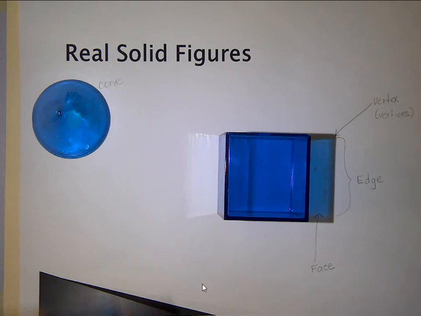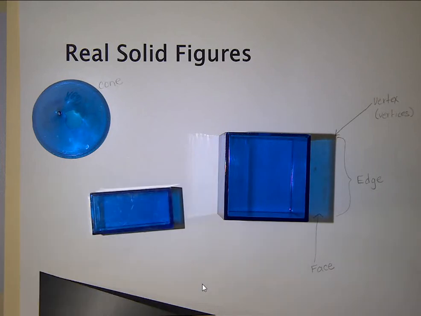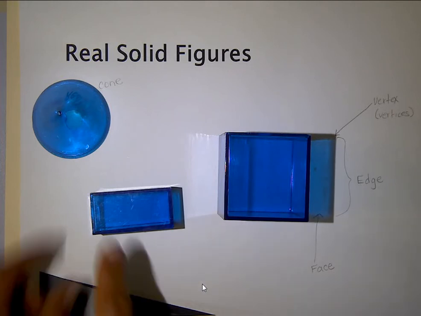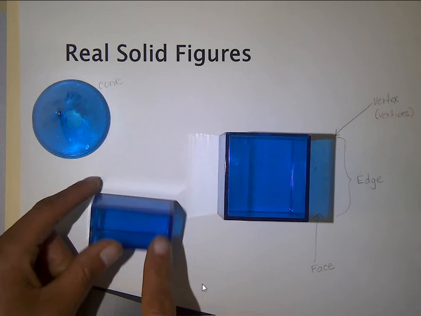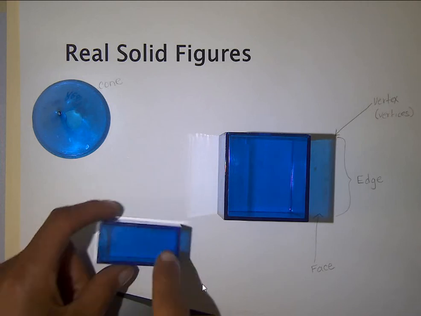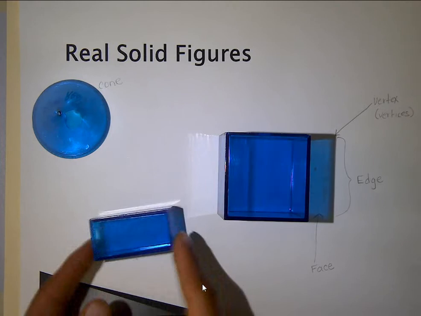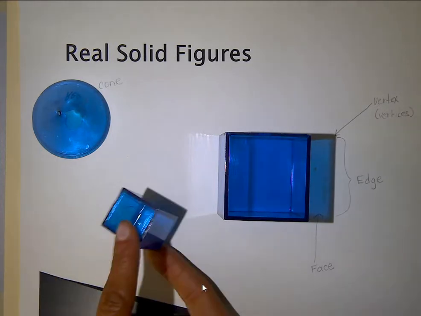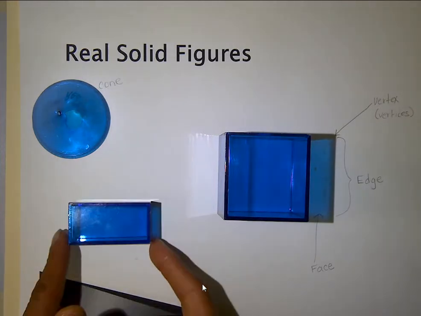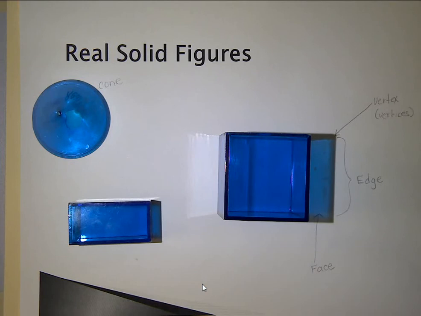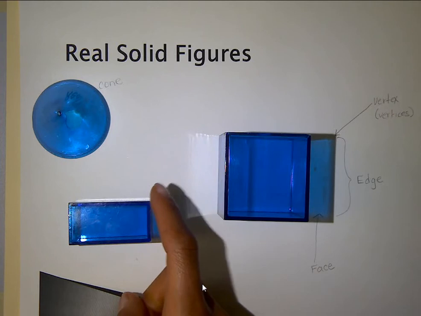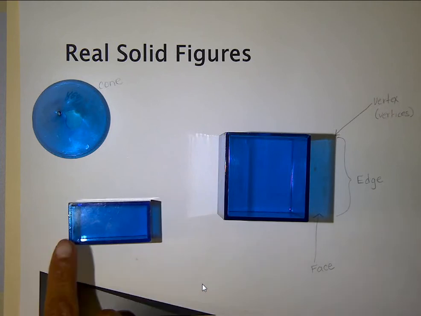Okay, let's look at another one. Here you will see a rectangular prism. It's made up of 4 rectangles and 2 squares. And here you can see I'm touching just the top 4 vertices.